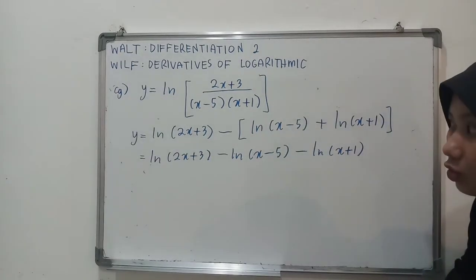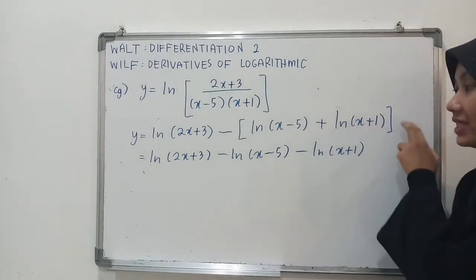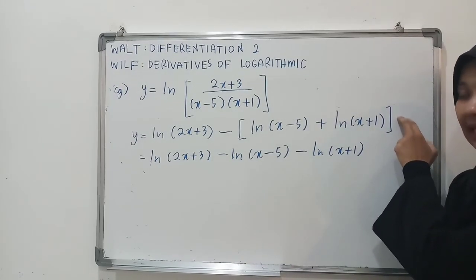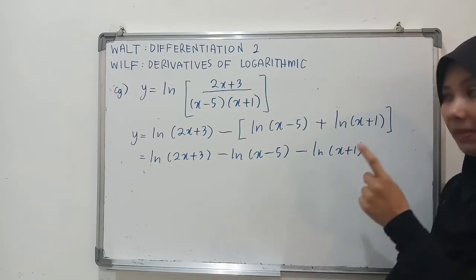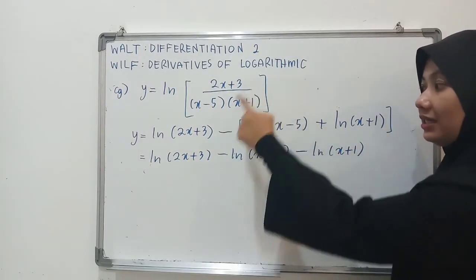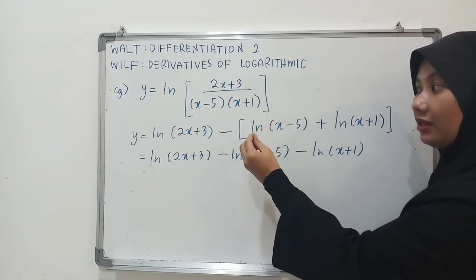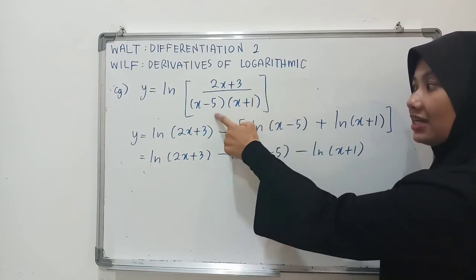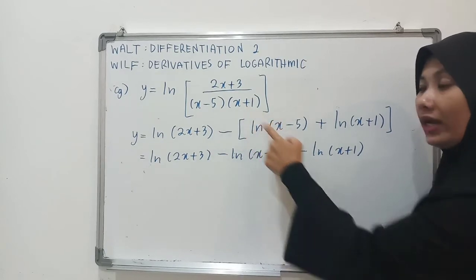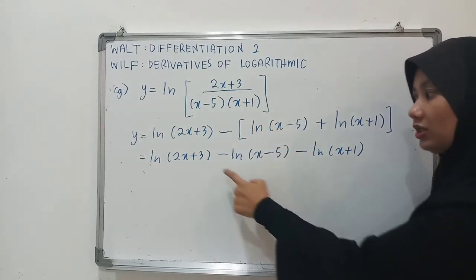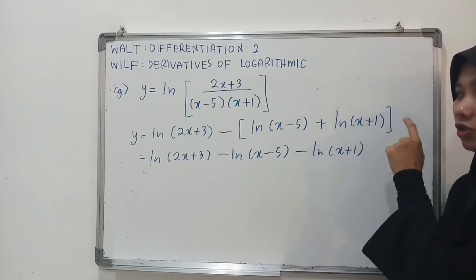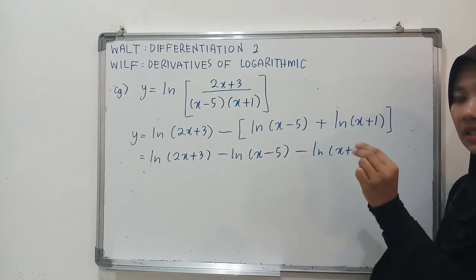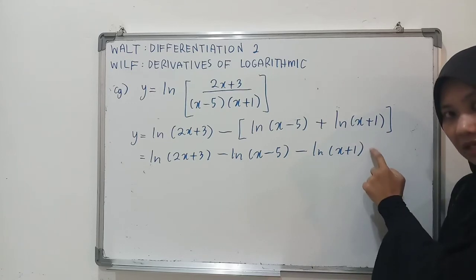Okay, if you want to skip this second step, you can, as long as you remember the relation between 2x plus 3 and x minus 5 and x plus 1 is division. So the second step is not compulsory. There's no mark here.